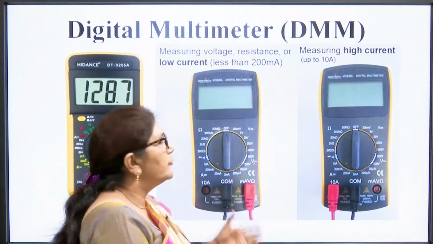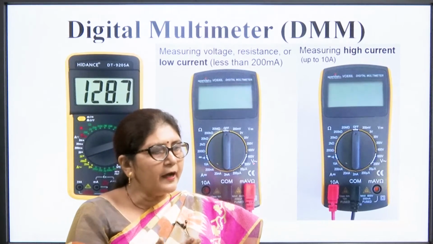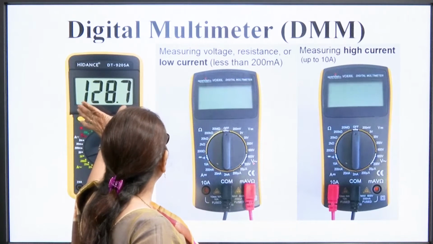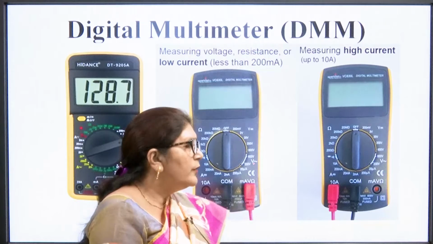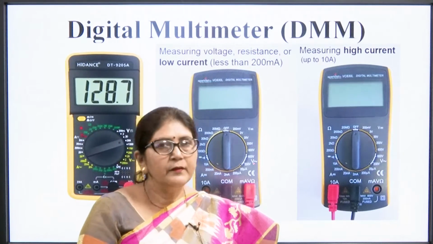So, this instrument is known as a 3.5 digit instrument, because it measures 3 complete digits and 1 only from 0 to 1. This is known as a 3.5 digit multimeter.